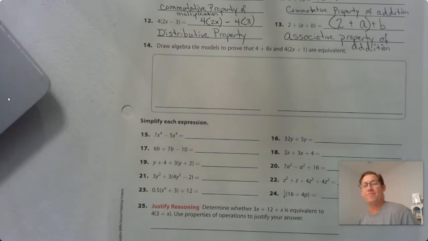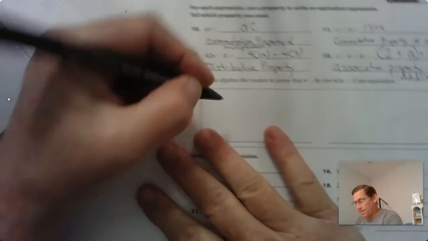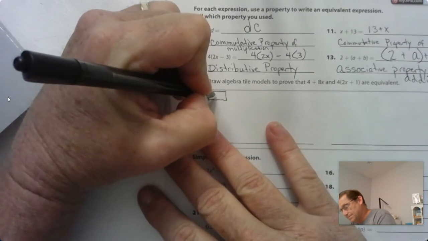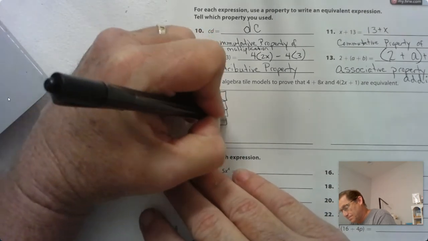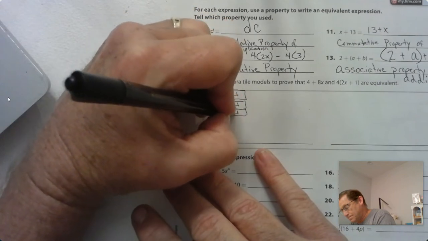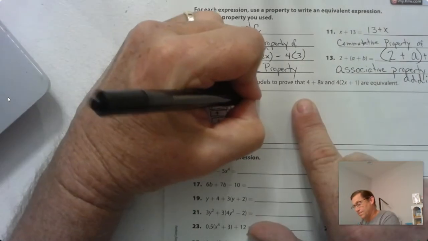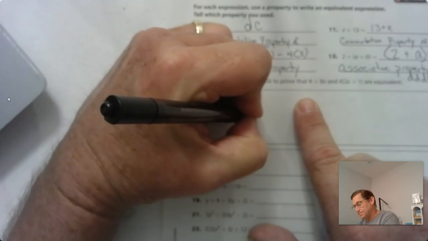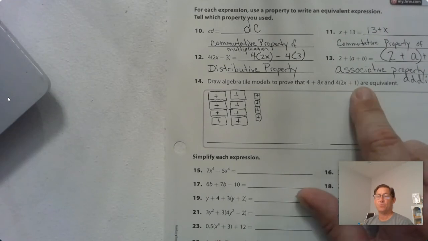All right, 14. Draw algebra tiles to prove that 4 plus 8x and 4 times the sum of 2x plus 1 are equivalent. All right, so this one, we're just going to have 8 x's. All right, so there's our 8 x's, and we need 4 1's. Okay, so we've done that one. Now we need 4 sets of 2x plus 1.